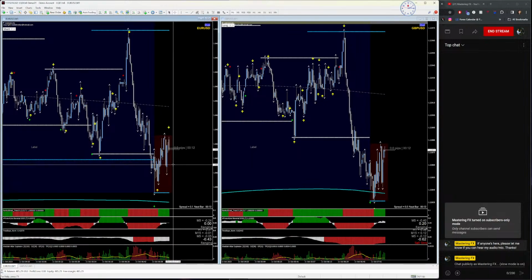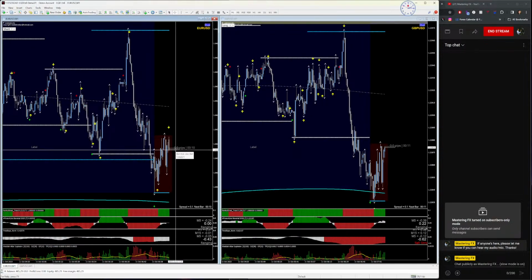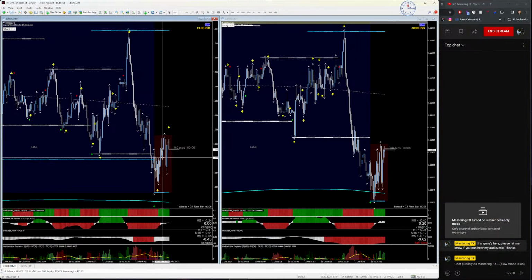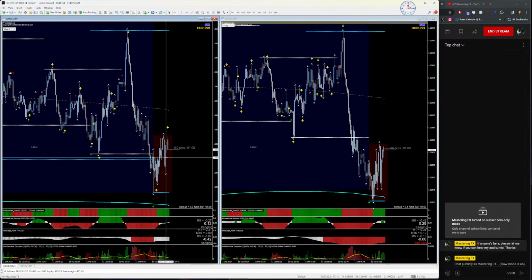And it came above that high. That was not a fair value gap. That was already filled. No, doesn't look like it.